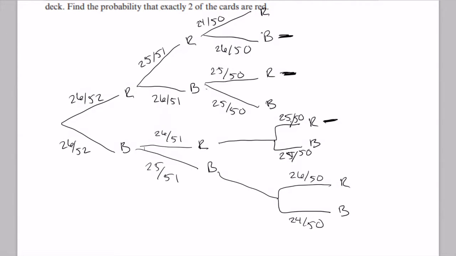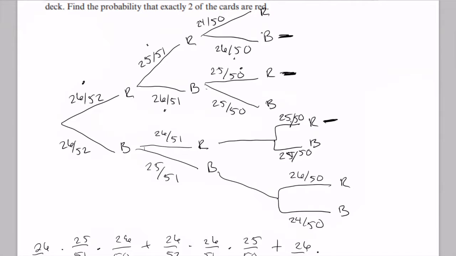So following the procedure, we have 26 out of 52 times 25 out of 51 times 26 out of 50, plus 26 out of 52 times 26 out of 51 times 25 out of 50, plus 26 out of 52 times 26 out of 51 times 25 out of 50.